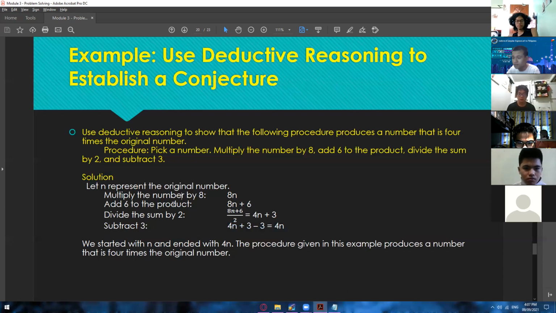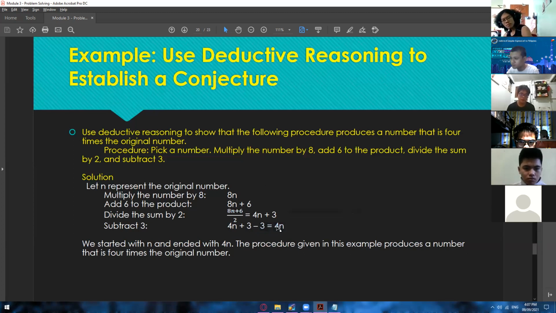You don't need a lot of data in here, as long as you have this formula, which is equal to 4n. So we have 8 times n, then add 6, and then divide that by 2. If you simplify this, it will give us 4n plus 3. And then 4n plus 3 minus 3 is equal to 4n.